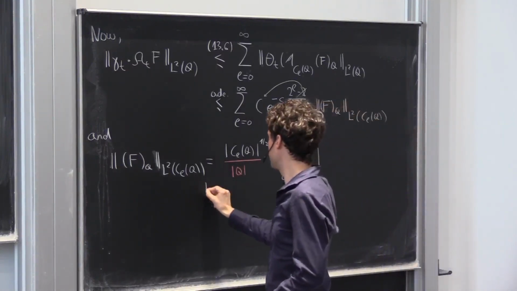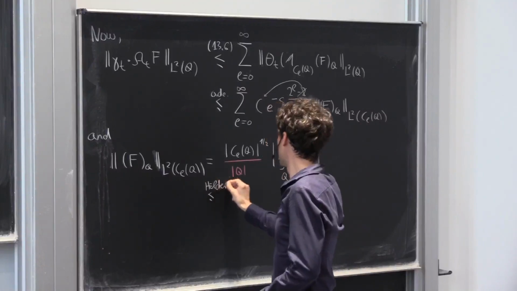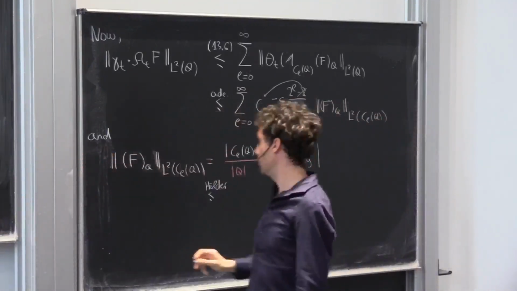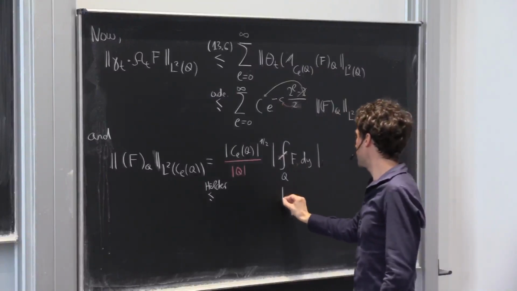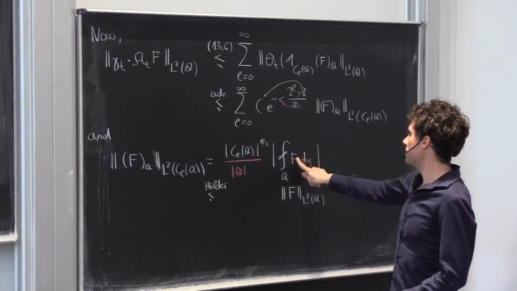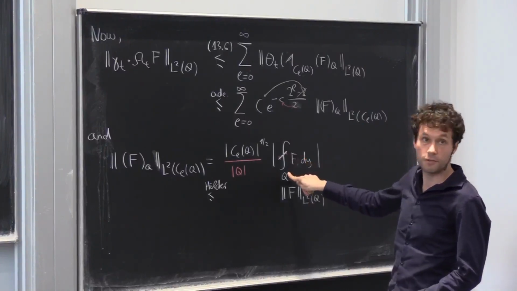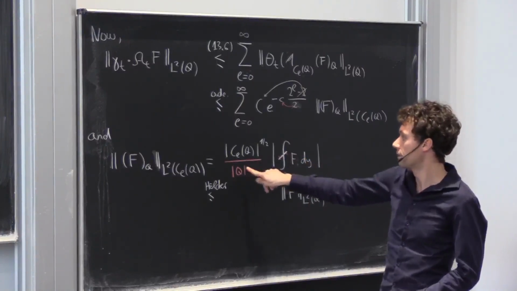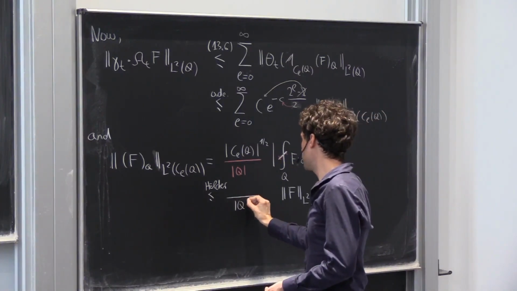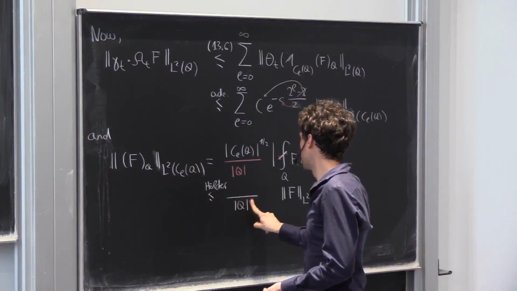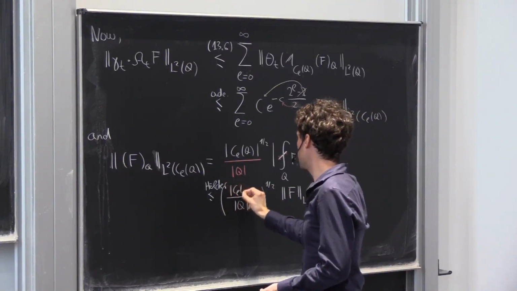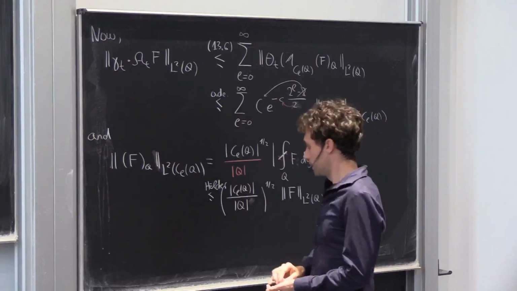And I use Hölder on this f, because f is something I want to measure in L2 norm, not in L1 norm. So if I do Hölder, then I'm getting the L2 norm of f on Q. The price I have to pay is the measure of Q to the power 1/2. So that gives me, instead of the full measure of Q, the measure of Q to the 1/2. And it gives me the measure of CLQ outside.